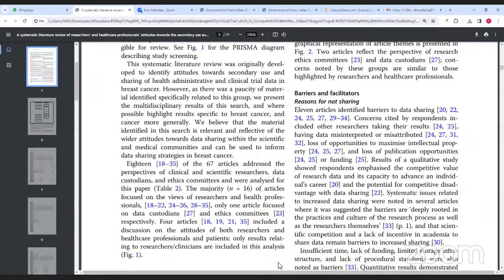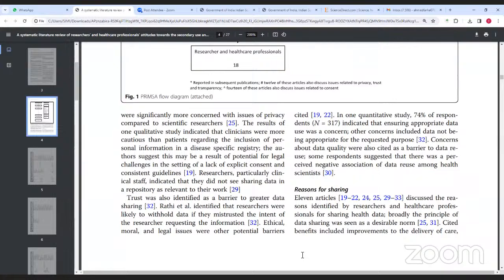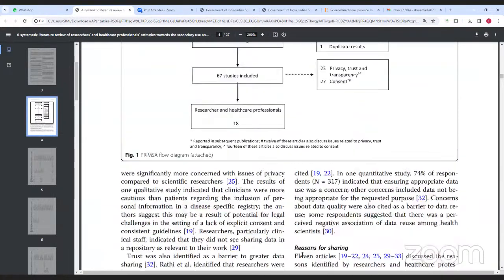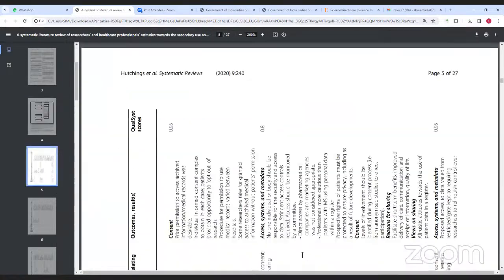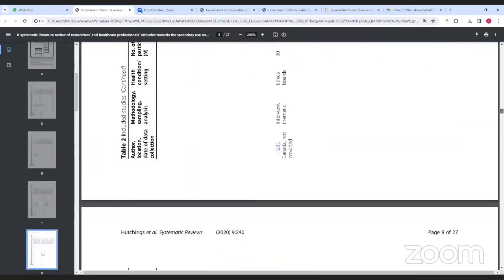One is barriers and facilitators, and some other things are there. Reasons for sharing. Another one is there.